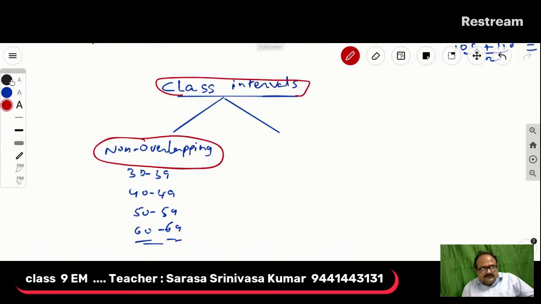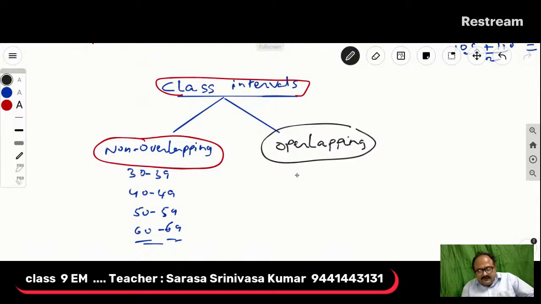And the second category is overlapping class intervals. Here we have observed 29.5 to 39.5, 39.5 to 49.5, 49.5 to 59.5.